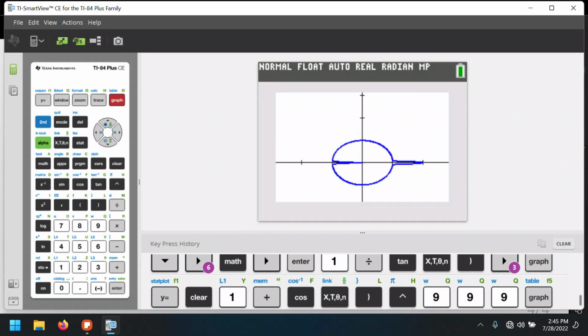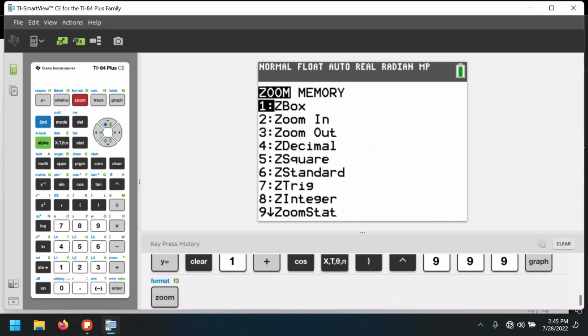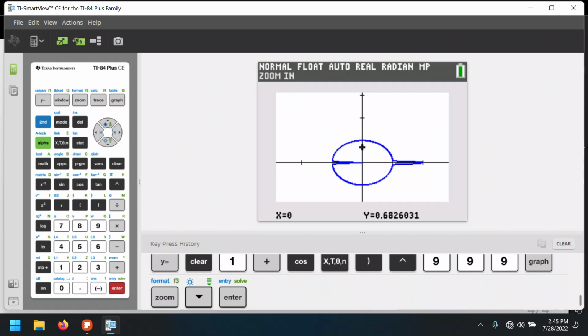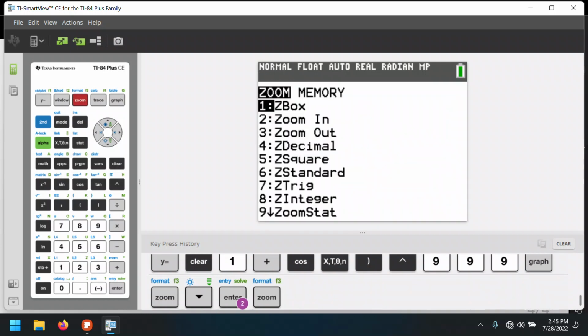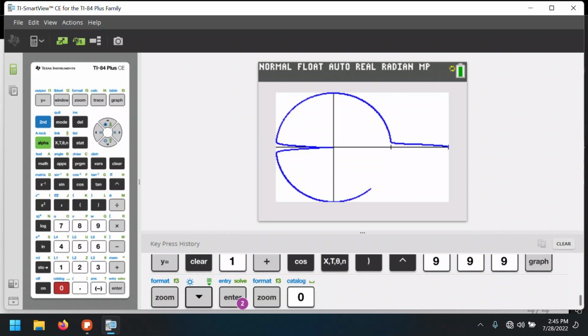It looks like a Pac-Man with a tail, but nothing's really perfect. Maybe zoom in a little bit. Oh no, that's not it. Zoom fit is better. And it sort of looks like the Pac-Man curve.